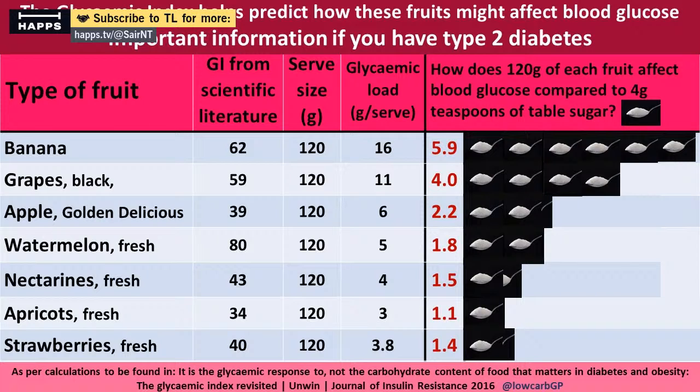A golden delicious apple is 39 on the glycemic index, and for a half cup of that, it's equivalent to 2.2 teaspoons of sugar. Watermelon, fresh watermelon, is 80 on the glycemic index, and that's equivalent to 1.8 teaspoons of sugar.